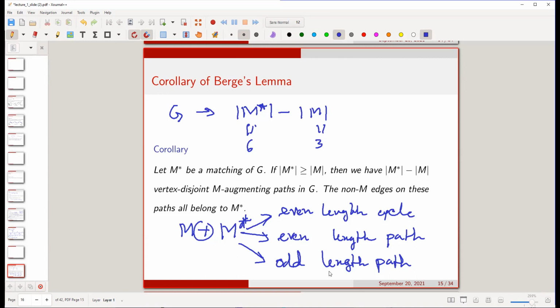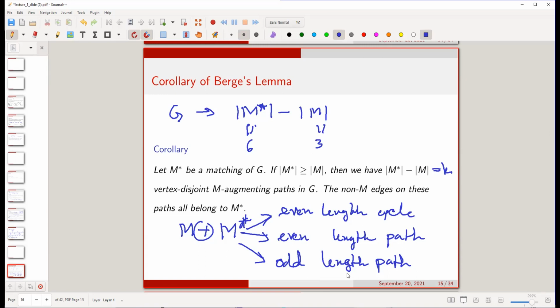So if the number of total edges in M star minus the number of total edges in M, the difference, is equal to k, that means there must exist k odd length paths.